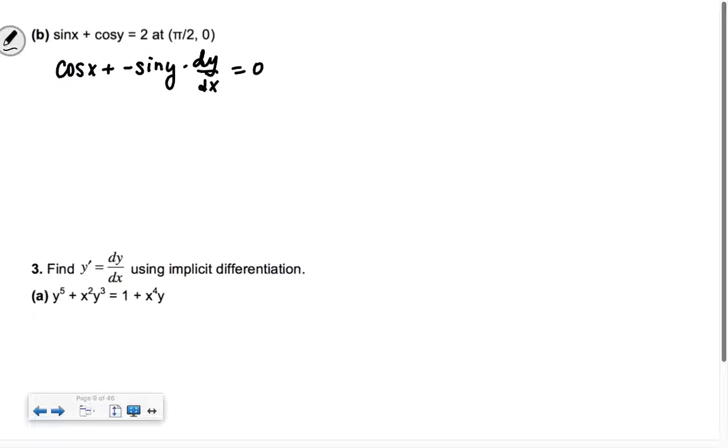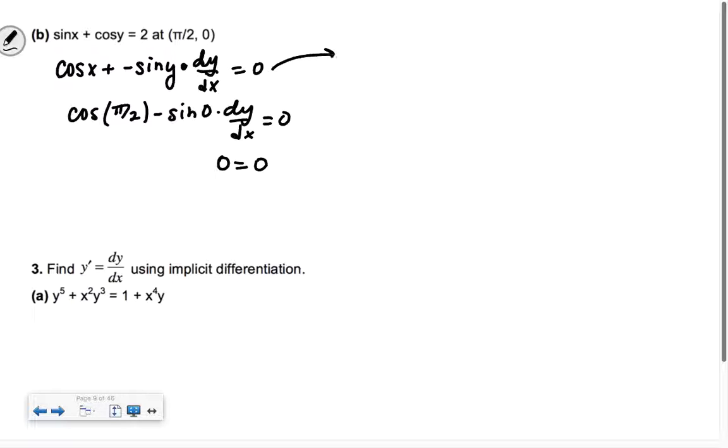So you can get the dy over dx by itself right now, or you can plug in the point. I usually plug in the point. So I'm going to plug in 0, and I get cosine of pi over 2 minus sine of 0 times dy over dx equals 0. Do you see something weird happen? You get 0 equals 0. So it's like, wait a second, what does that mean for a slope?